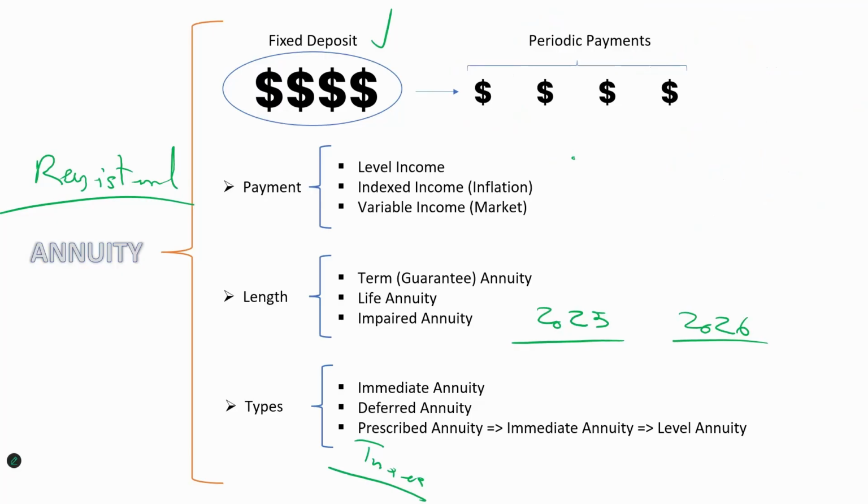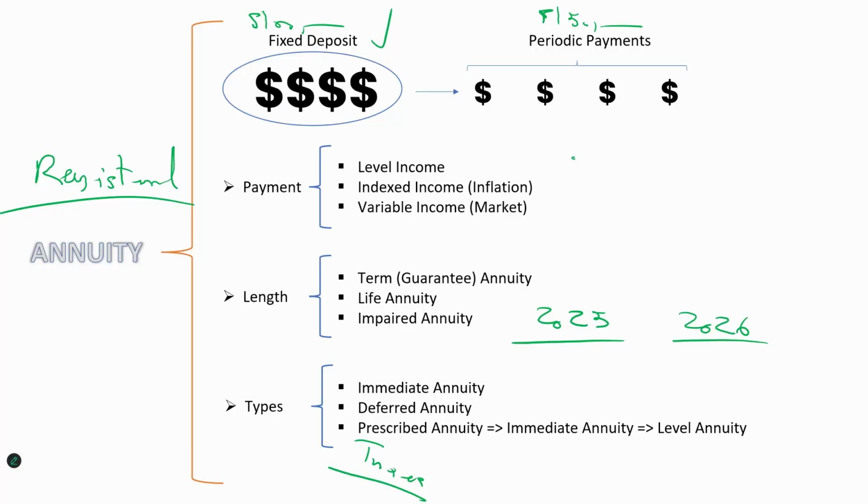I'm definitely looking into having some growth. So let's say if I'm putting in $100,000, I'm expecting that in that term guarantee, I'm going to get like $150,000, but periodically. Okay. So there's $50,000, let's say, of growth in the long term of this contract, right? And I have to pay tax on that $50,000 gain.